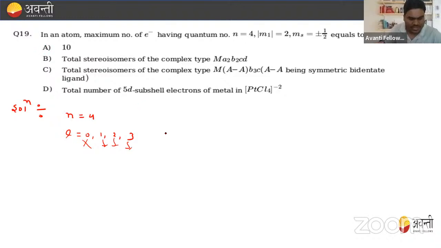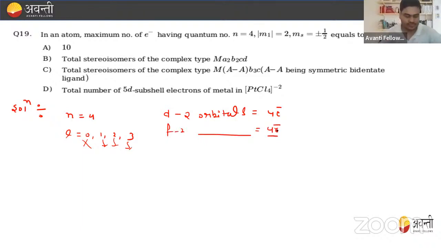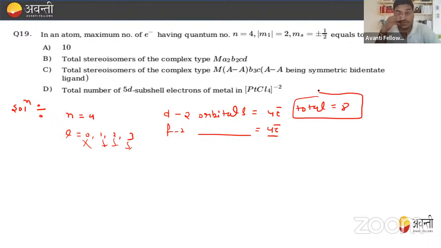How many? The d orbital, d2 orbital, 4 electrons, f2 orbitals, 4 electrons. So the total number of electrons is nothing but 8.